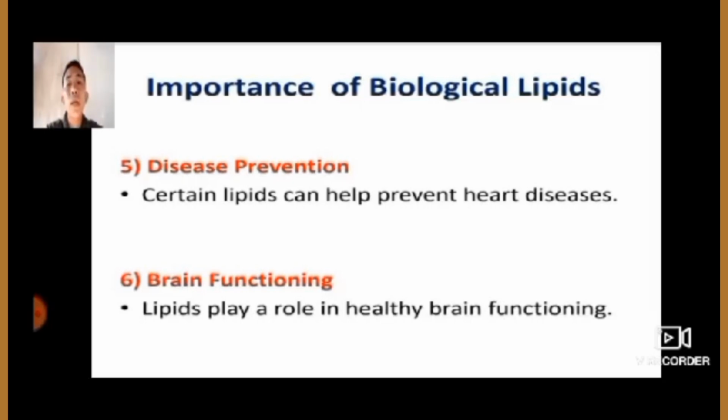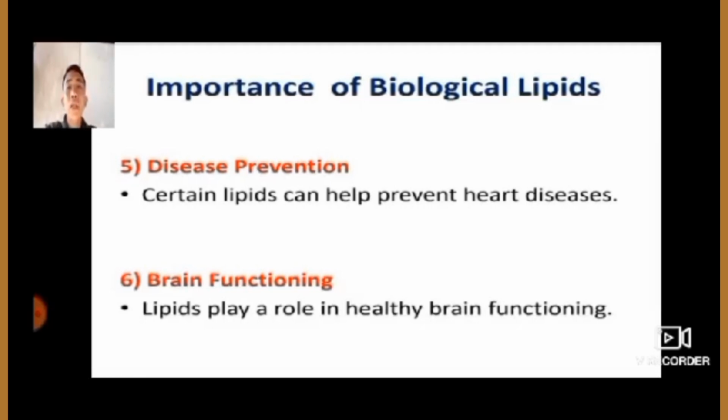These beneficial effects contribute to overall cardiovascular health and can help prevent conditions like heart attacks and strokes.